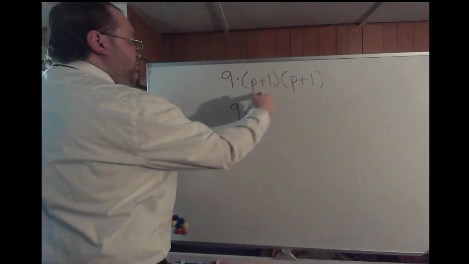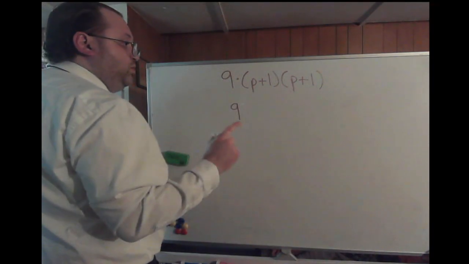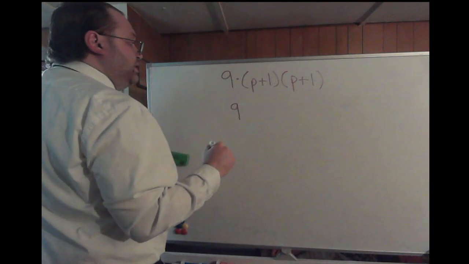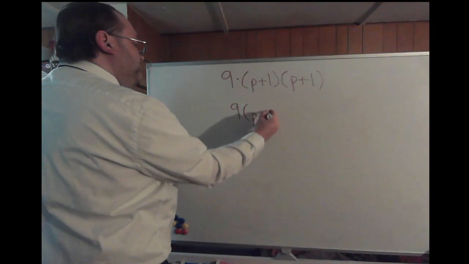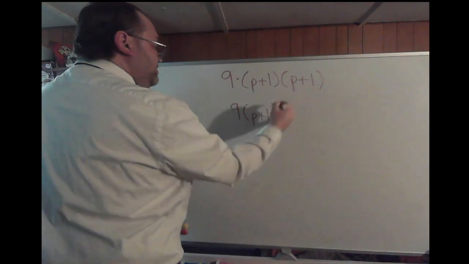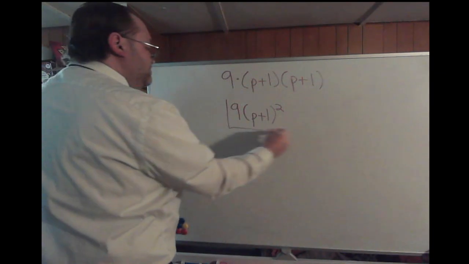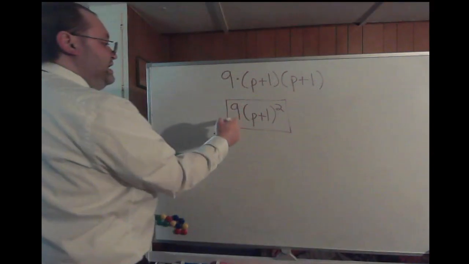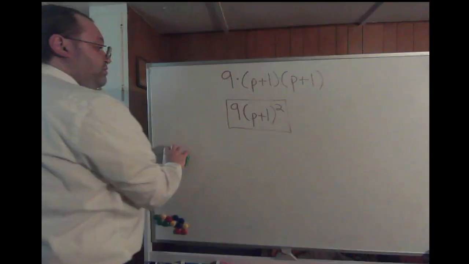We notice p plus 1 occurs more than once. It's being multiplied more than once. So your base is going to be p plus 1. Now, how many times is it being multiplied? 1, 2. So that'd be p plus 1 to the second power. So your expression in total would be 9 times p plus 1 to the second power. That's how you would write that.